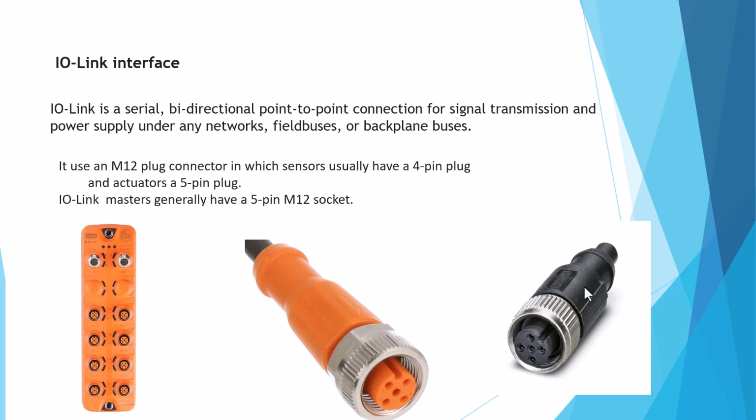IO-Link is a serial bidirectional point-to-point connection for signal transmission and power supply, independent of any network or fieldbus. All IO-Link just uses an M12 plug connector. This M12 plug connector uses a 4-pin plug for sensors and a 5-pin plug for actuators. All IO-Link masters use a 5-pin M12 socket.